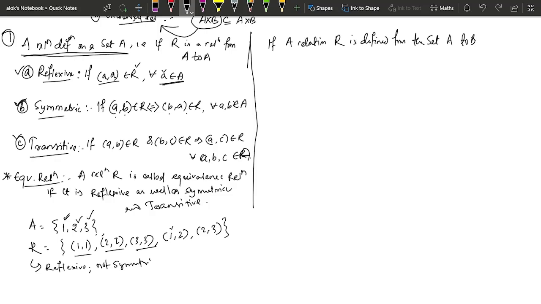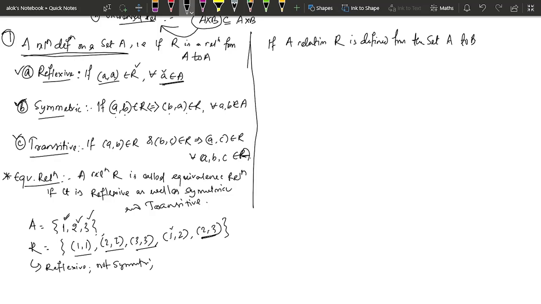If (2,1) and (3,2) are in the set R, then we can say R is symmetric. So not symmetric.